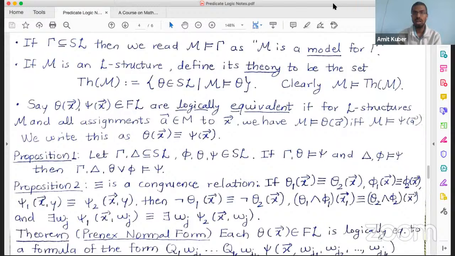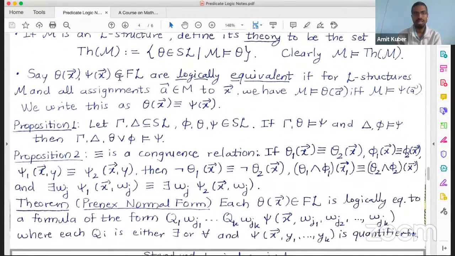Now we are going to do some simple things which we had done earlier for propositional logic. I will state and then state the properties, defining the logical equivalence of two formulas. As usual, in the semantic world, we don't want to continue talking about phi and phi disjunction phi as separate entities.